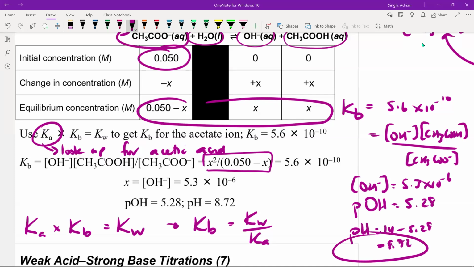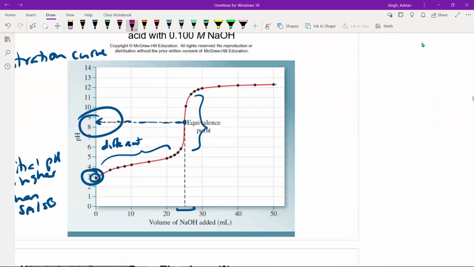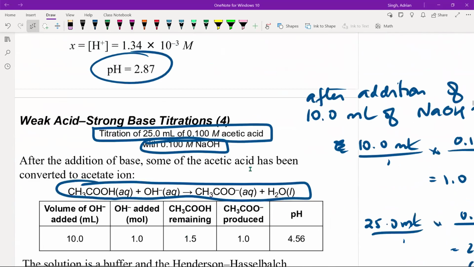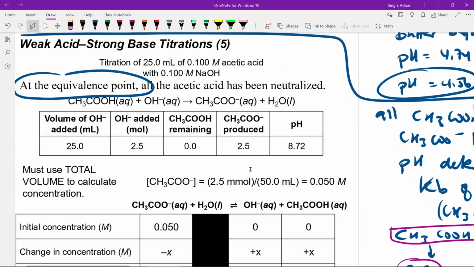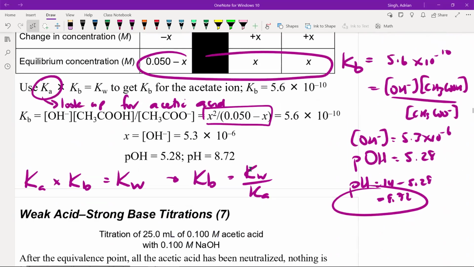And that's why at the equivalence point, the pH is not neutral. It is actually on the basic side, right? It's right above 8.7, right about here. And that's because at the equivalence point in the strong base weak acid titration, you actually do have that acetate ion left over that will undergo hydrolysis to produce the hydroxide ion in the solution.